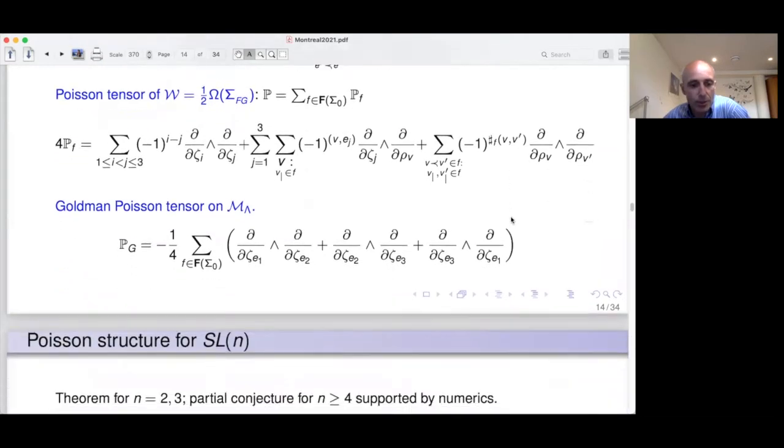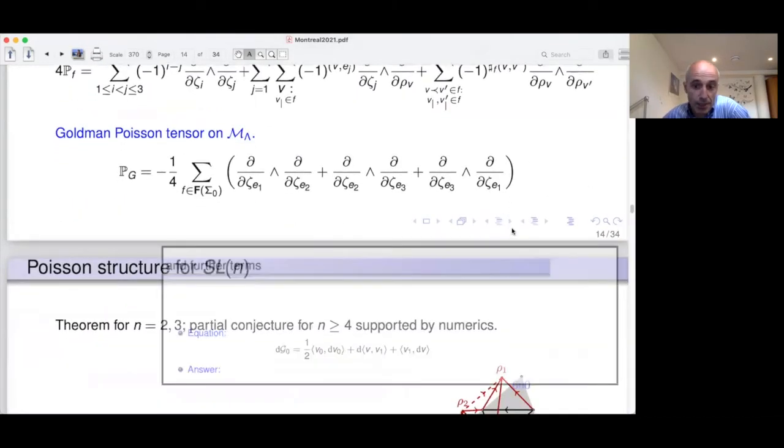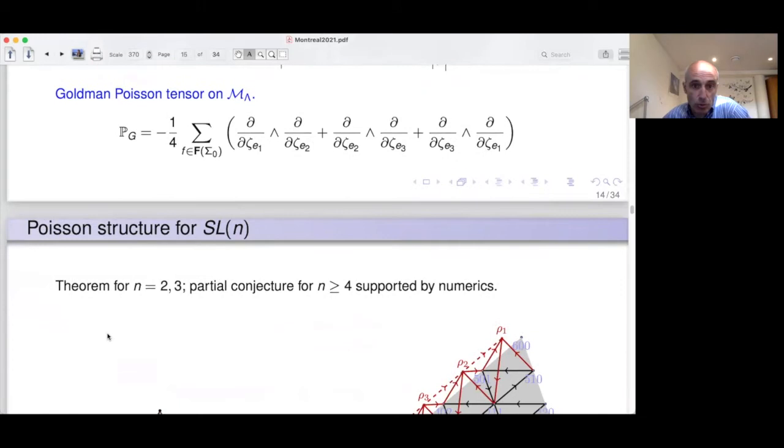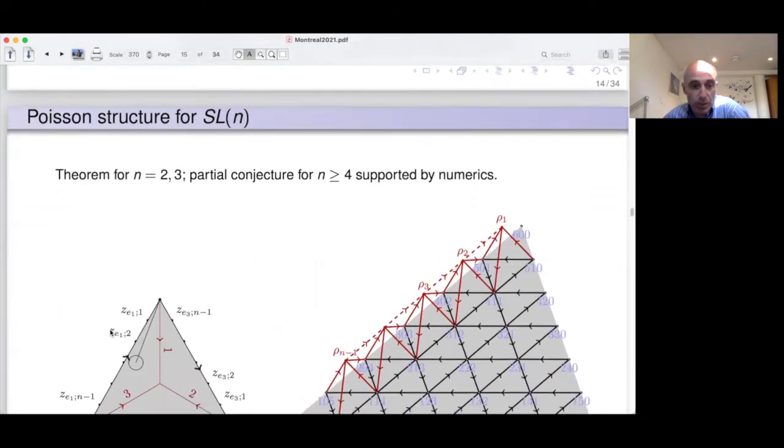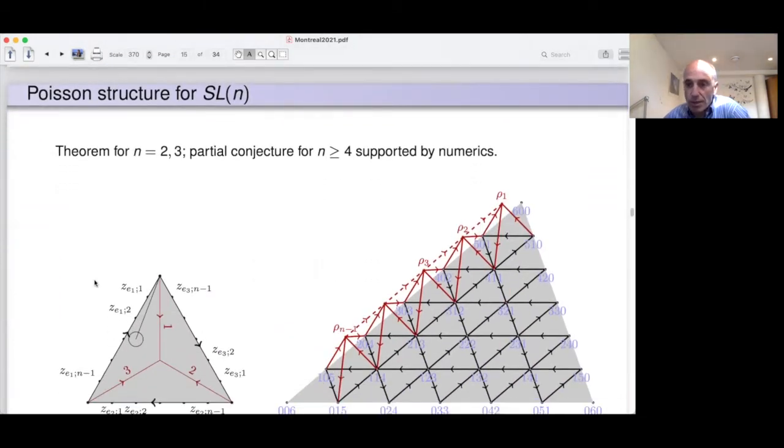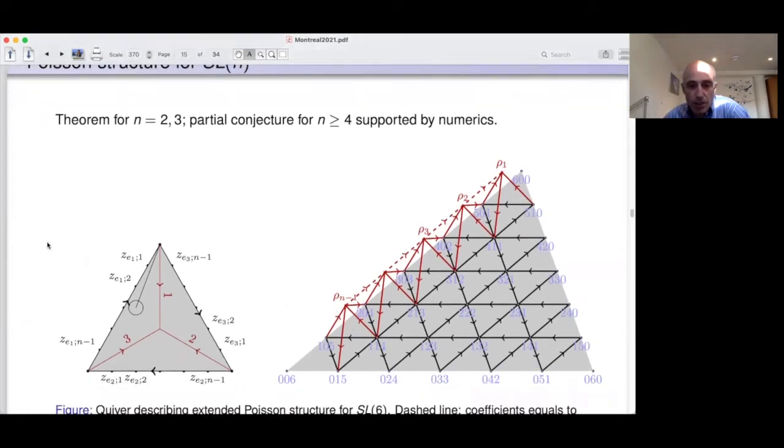Quite a non-trivial thing. For SLN, to say what all that means, one has to use this quiver language and write a quiver associated to the triangulation, and then also put the variables at the vertices of the quiver, and this arrow tells, let's say, that the Poisson bracket between this and that is 1, and so on, right?